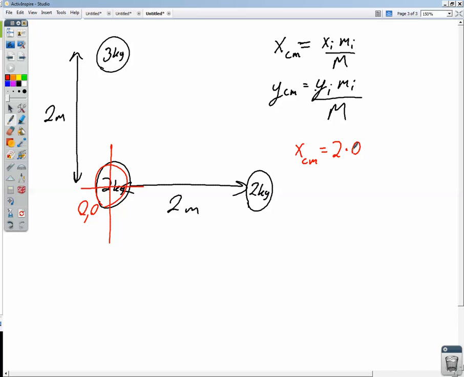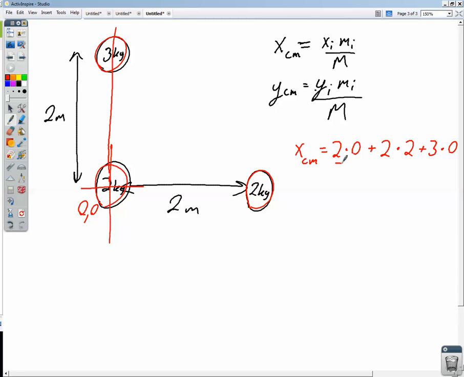And then over here, we've got this guy. He's also 2 kilograms, and he is 2 meters away. And now we take this 3 kilogram mass, but notice that the 3 kilogram mass is still at x equals 0. So we have plus 3 times 0. The x-coordinate of that 3 kilogram mass is still 0.